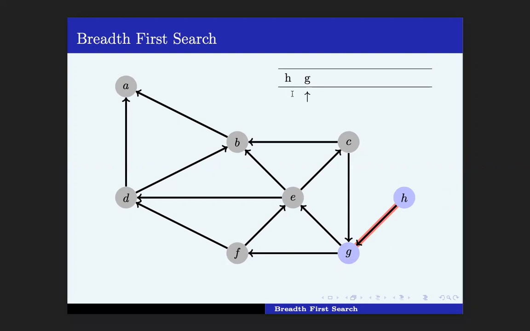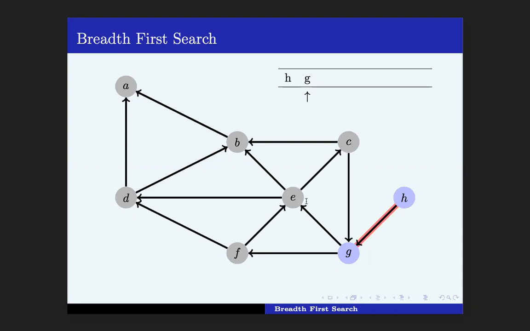The next thing, I go to the next element, which is currently the first element in the queue. The pointer is always pointing to the first element of the queue. I dequeue G, the first element of the queue, and do the same thing. I look at all its neighbors, and one by one, if they are gray, I put them in the queue.